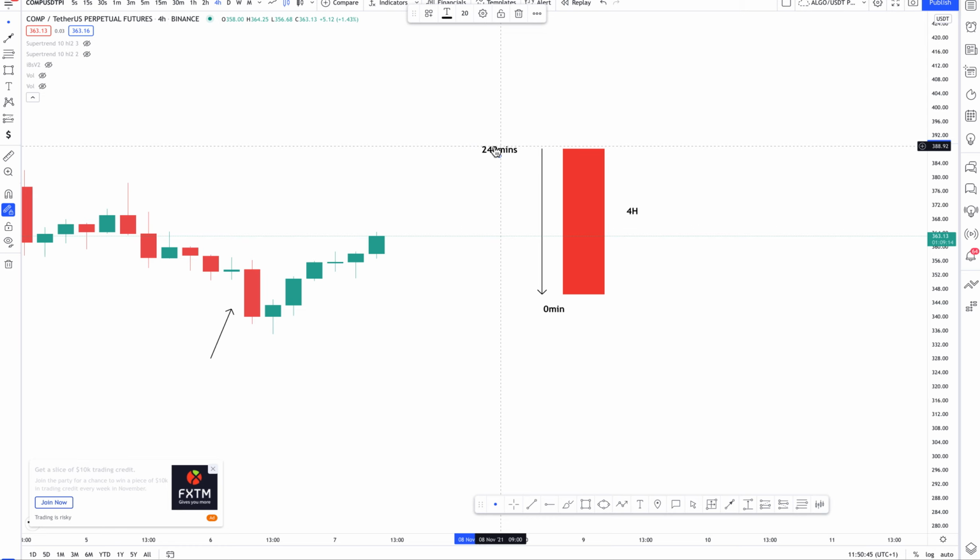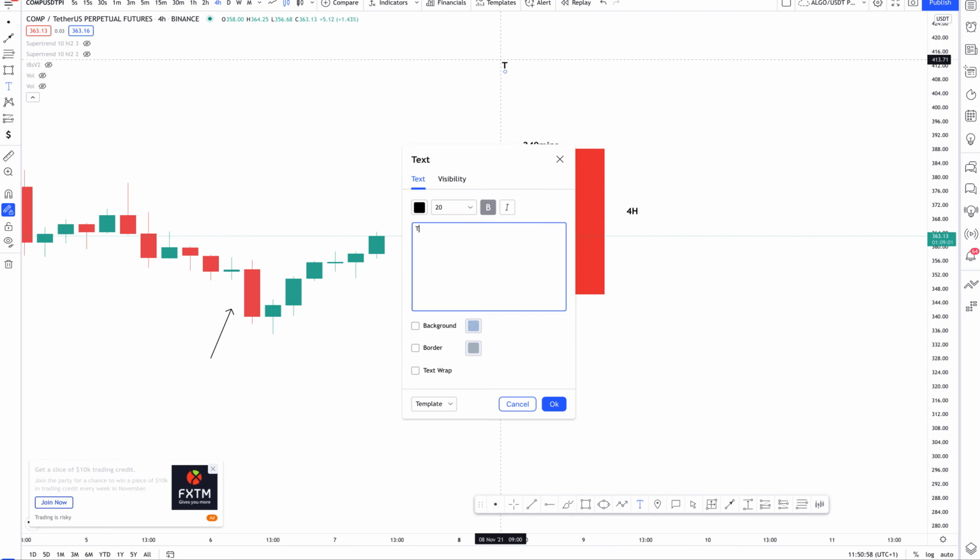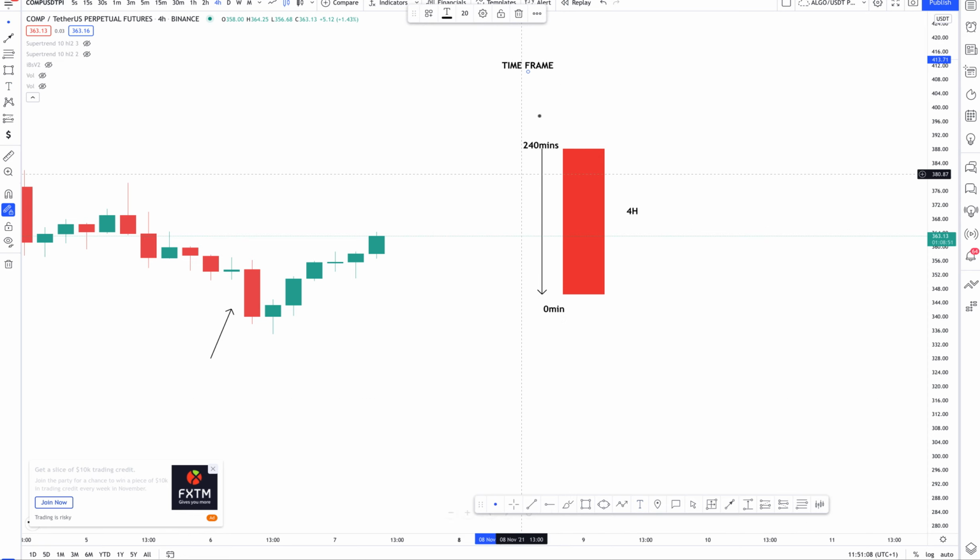Okay, if what I just said, or this illustration, is understood, it means that based on this time frame, you will find a 1-hour candle, or a 1-hour chart.